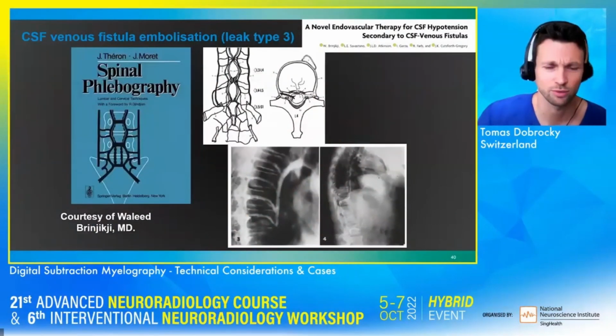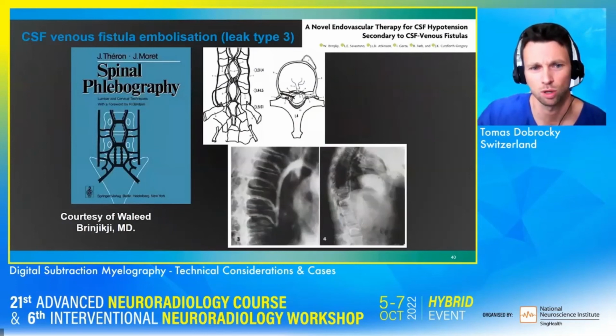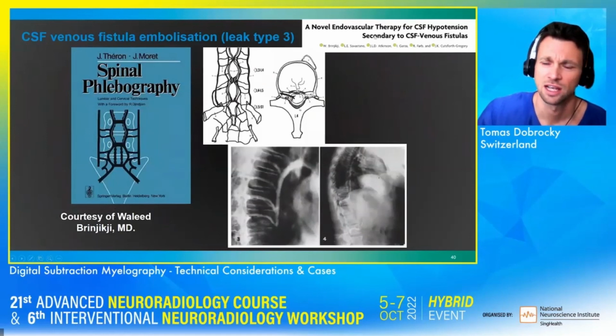The last 3 slides before coming to an end are on a more endovascular subject that has recently appeared, thanks to Waleed Brinjikji from the Mayo Clinic, who has shared some of his slides, and I have added a few cases of ours.